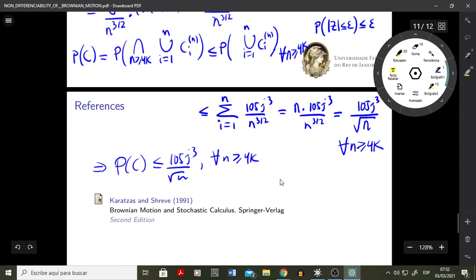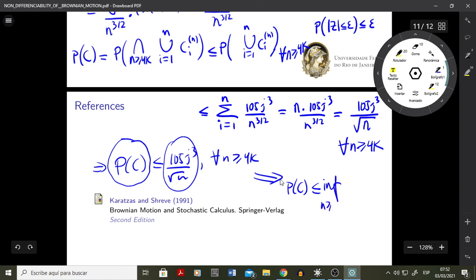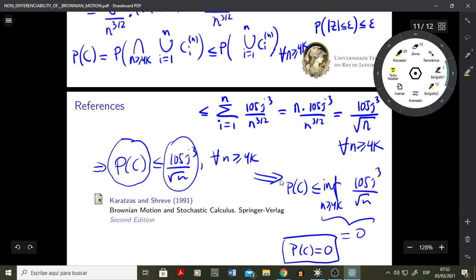So this implies that the probability of C is 0, because this is working as a bound from below. And this is 0. So the probability of C is 0, and that was the objective.